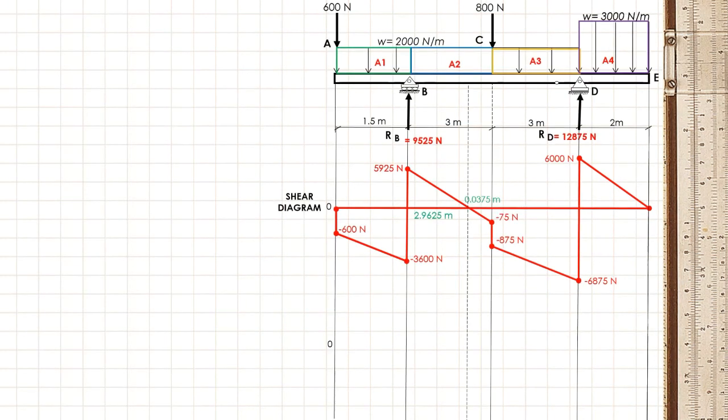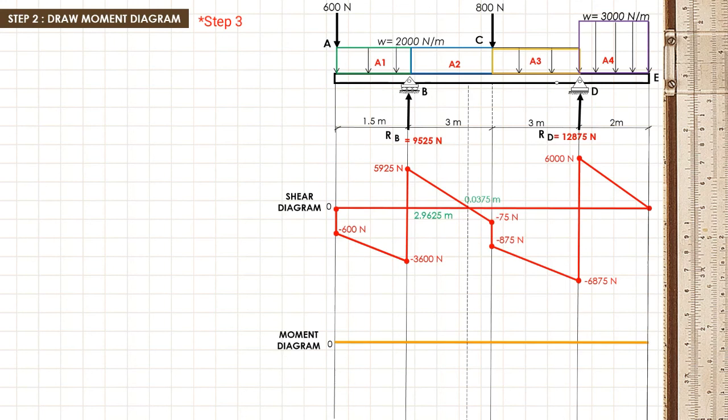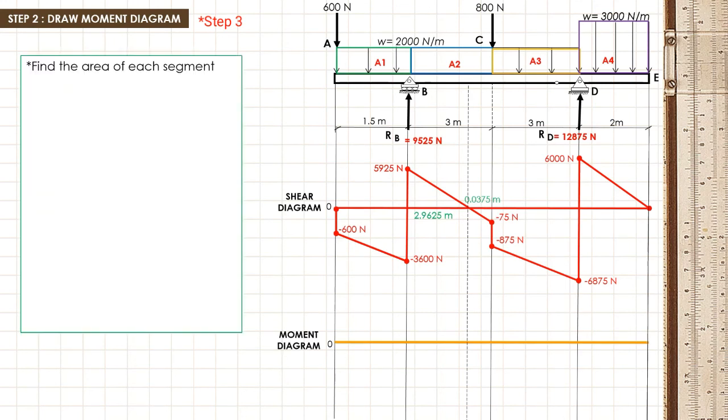Now that we are done with drawing our shear diagram, we can now proceed at step 2, which is to draw our moment diagram using shortcut method. But before that, we must find first the area of each segment in the shear diagram. Using the formula for triangle, A is equal to 1/2 base times height and area of a rectangle, which is length times width.